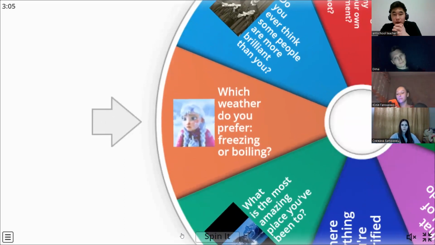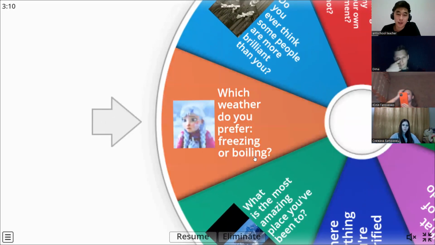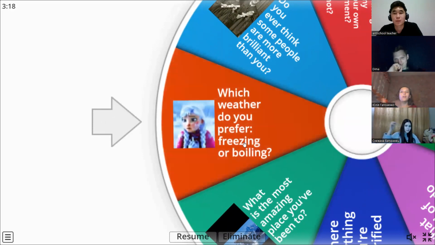Which weather do you prefer, freezing or boiling? Boiling means hot, yeah? And freezing means very cold. I don't like freezing or boiling. But maybe I prefer freezing.